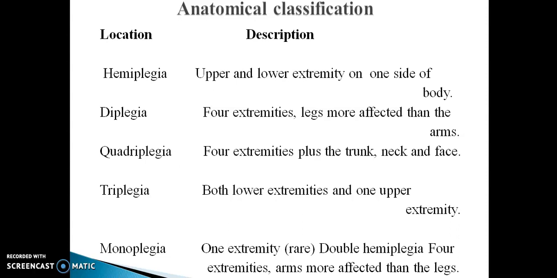But for study purposes, we have to understand that maybe somebody somewhere has existed, so one extremity, very, very rare. The next one is double hemiplegia. Here four extremities are affected, with the arms more affected than the legs. So triplegia, monoplegia, and double hemiplegia are very, very rare. Personally I have not seen any such cases.